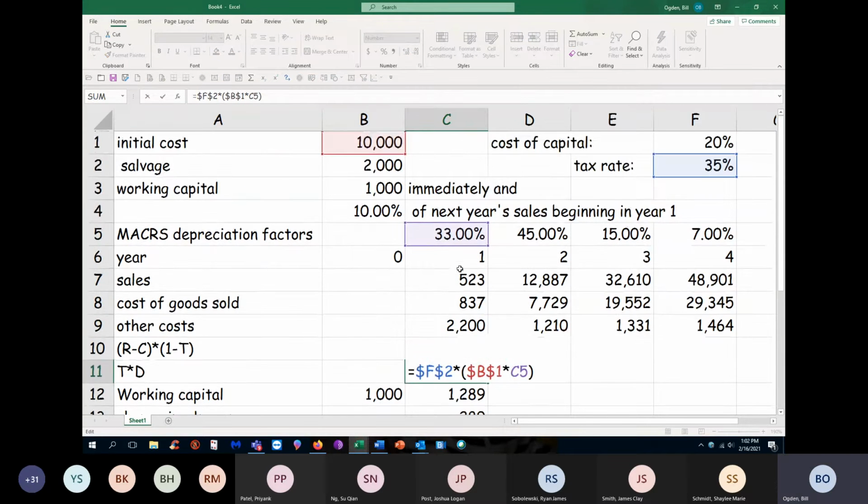Okay, so we took the tax rate, 35%. And how much are we depreciating in year one? We're using the MACRS schedule, correct? So we'll be taking 33% of the 10,000. So my depreciation tax yield the first year is 33% times 10,000, or 3,300 times 35%.